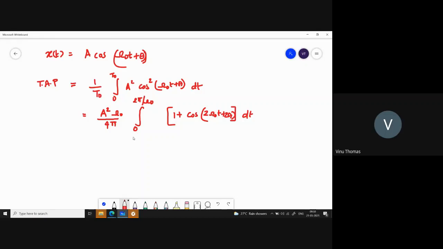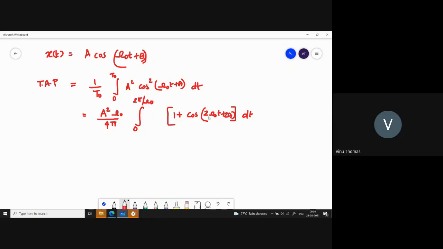Now, let us try to evaluate this integral. So this is the total area under the function 1 plus cos 2 omega naught t plus 2 theta dt. So, let us look at what is the frequency now. So, frequency is twice the original frequency here. So, here you had omega 0.